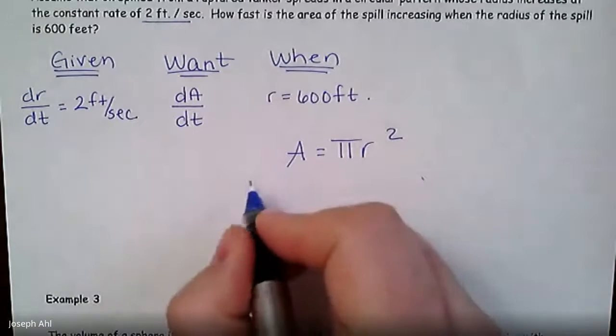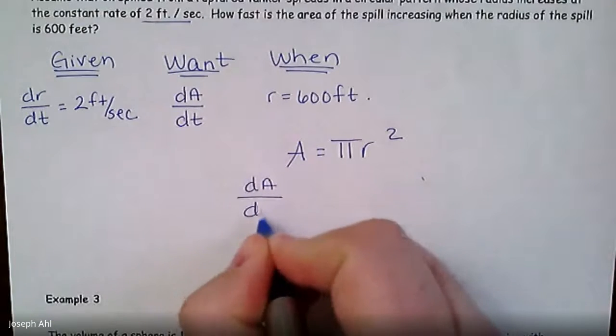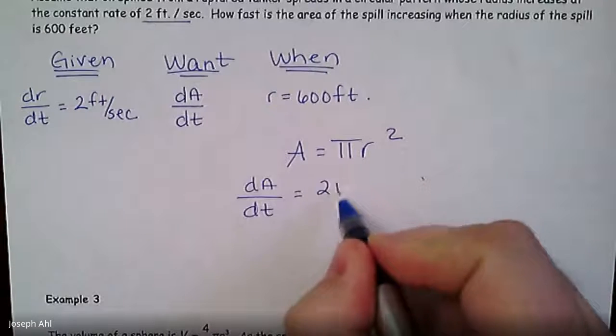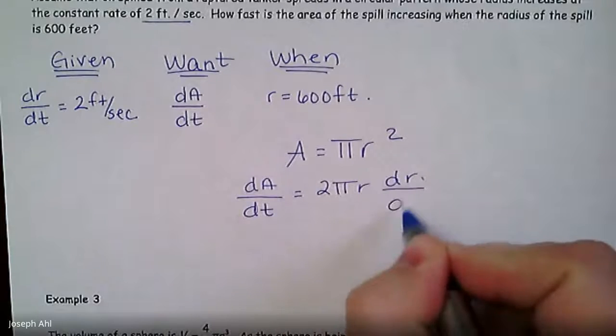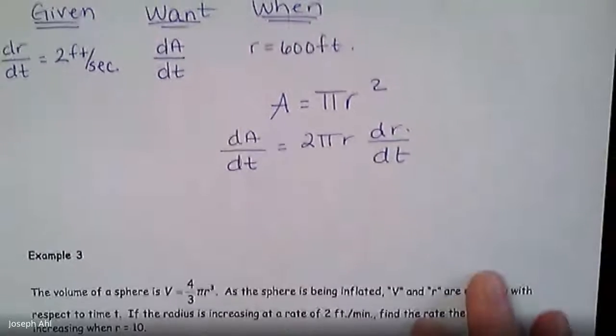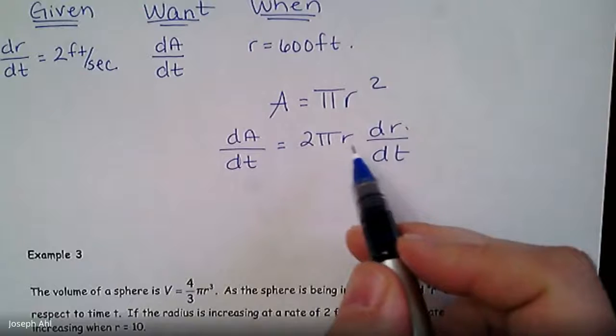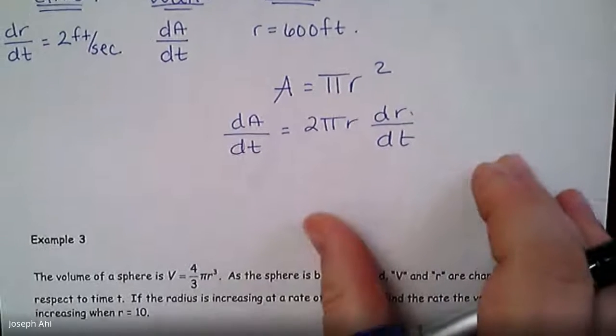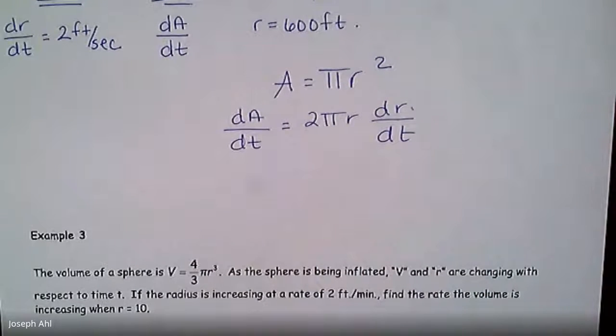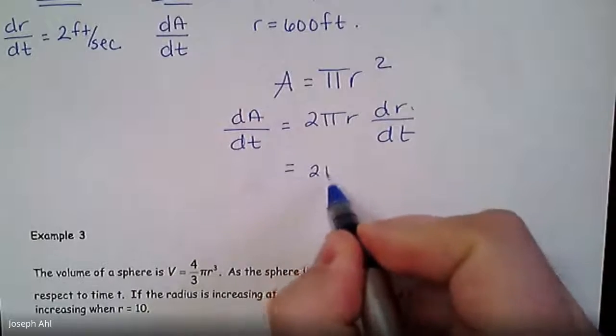After we find the derivative, then we'll plug in some of the information. So dA/dt in this case would be 2 pi r dr/dt. Again, just don't forget that chain rule step, that we're taking the derivative of r with respect to time. And then, guys, it's really as easy as just substituting in the given values.